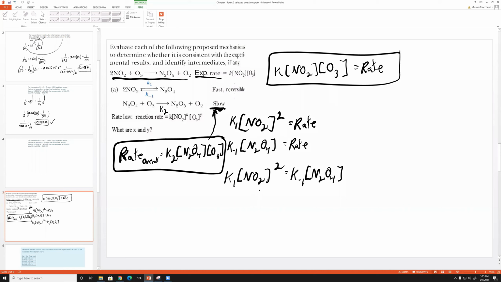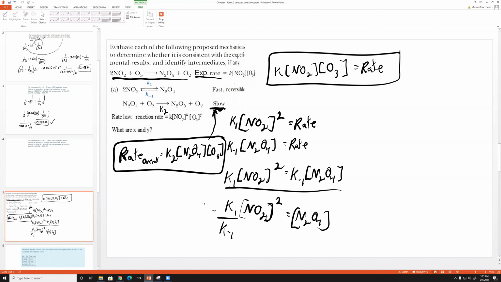And we can do that. We can solve for N2O4 using our fast rate right here, which is what we just figured out. So let's solve for N2O4. You're going to have k1 divided by k minus 1 times NO2 squared equals N2O4. And we can plug in this N2O4 into the rate of our overall reaction determined by the slowest elementary step, and see if it equals the experimental rate.